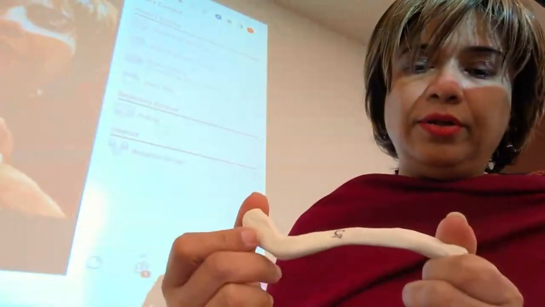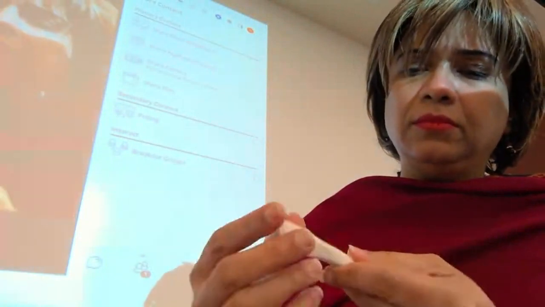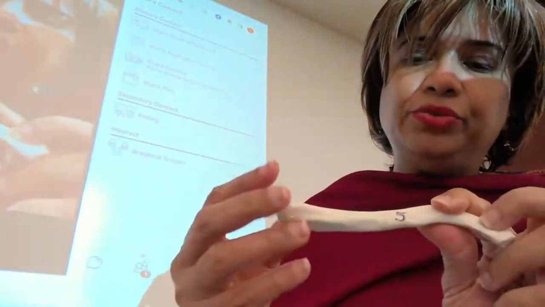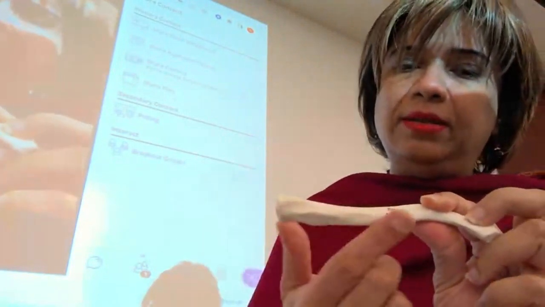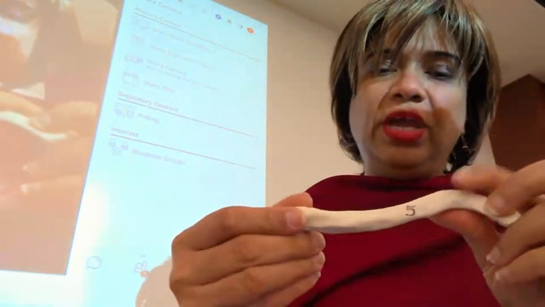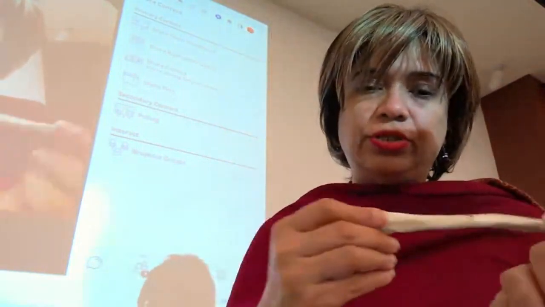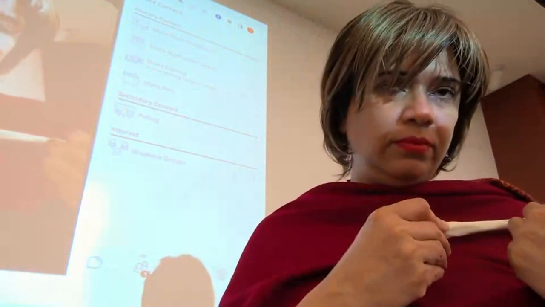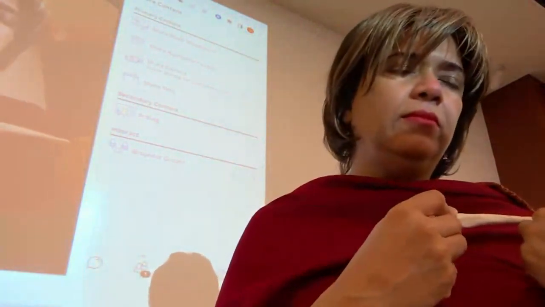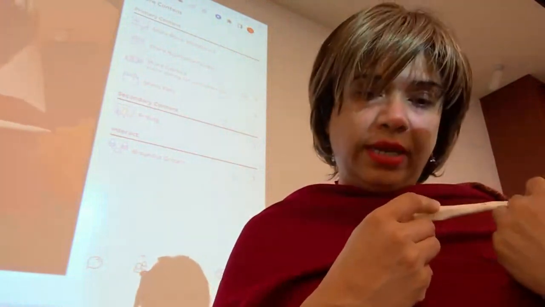Also, your convexity next to the sternal end needs to be medial and in front. Okay, so knowing all of that, if I align this bone next to me, this is going to be my left clavicle.